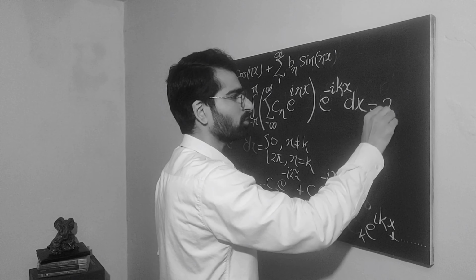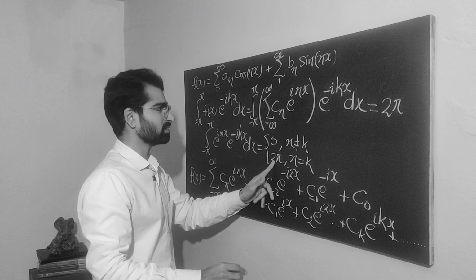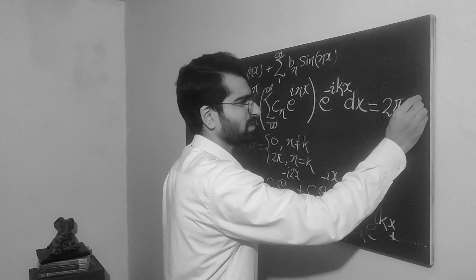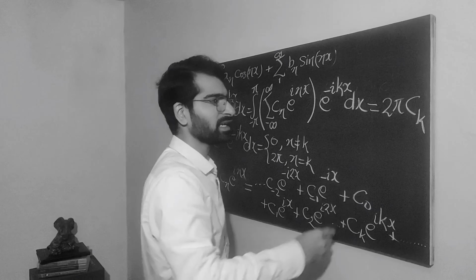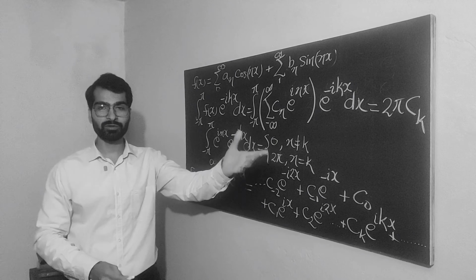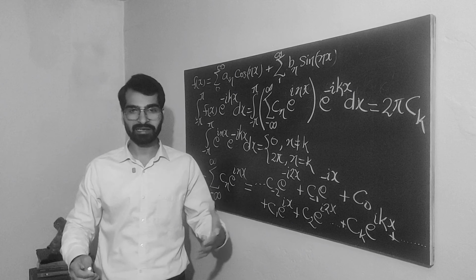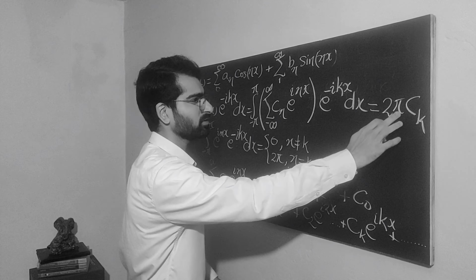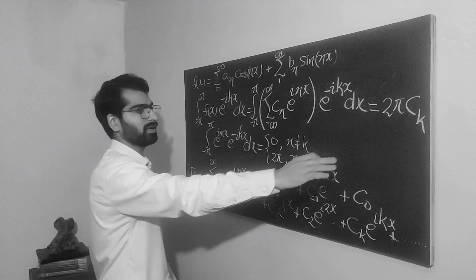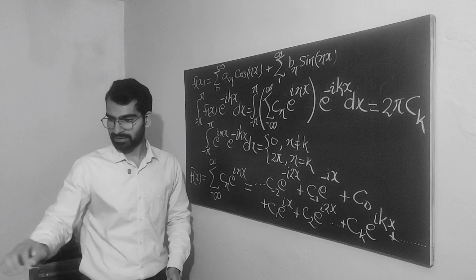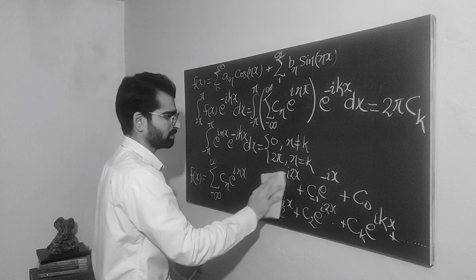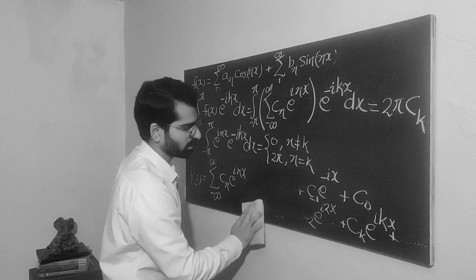That's going to give you 2 pi, that's here, times Cn's, or if you want to write Ck's, I will write Ck's. If you want to write Cn's, it's alright. And so I have found the Ck's, the complex amplitudes. All I have to do is divide this by 2 pi, and so I get my Ck's or Cn's. So let me put the result here now.